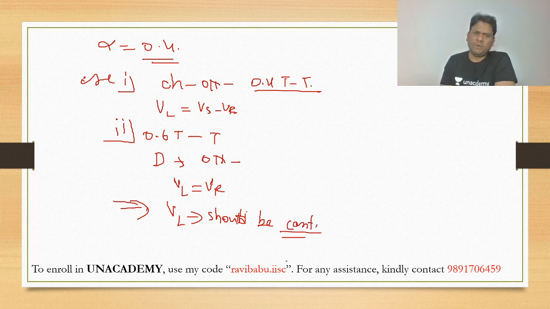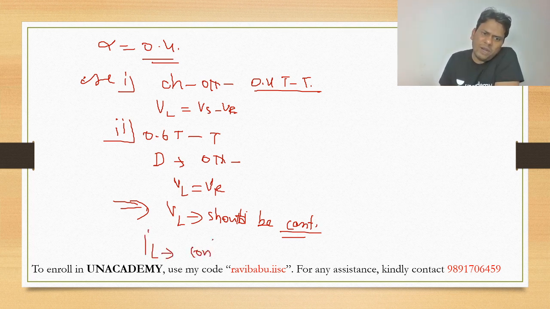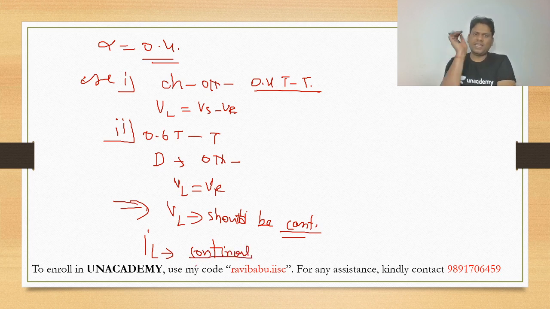When you plot by this approach, we can say IL will be continuous. So it is a bit lengthy process, that's why generally people avoid it. But my dear friend, in the power electronics syllabus, I will cover all these things in detail.